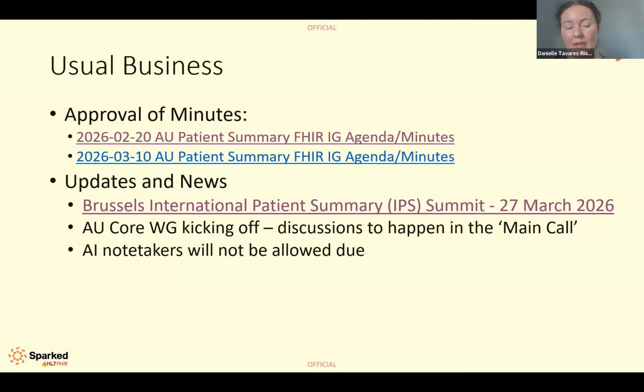But it's going out to hundreds and hundreds of people, and it's a misuse of the mailing list. So at the moment, the request from HL7 AU is to not allow the note takers into the meetings. We're not going to be doing that for now. That may change in future, but as of this meeting, that's what's happening.